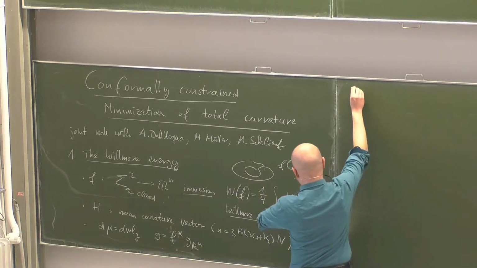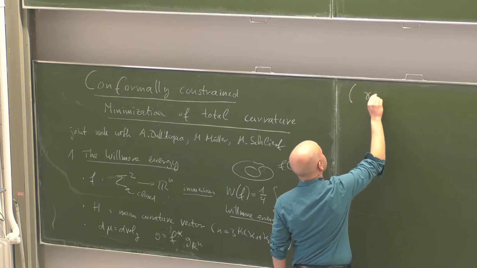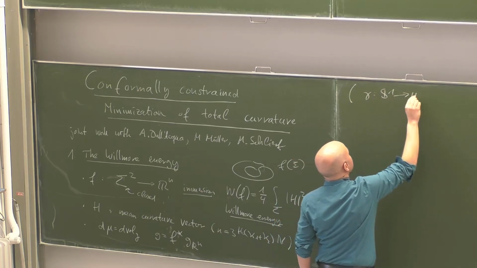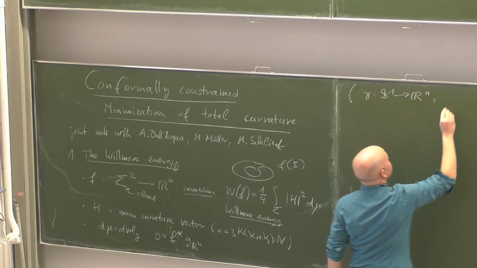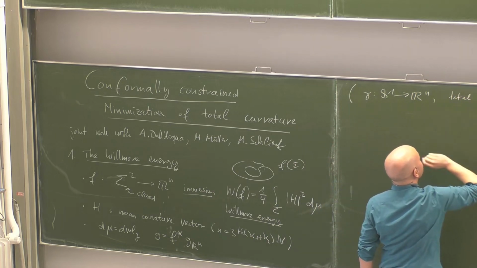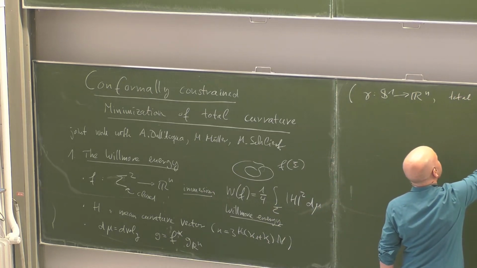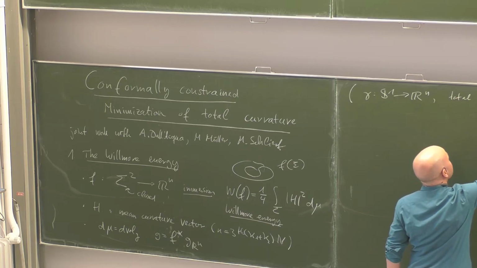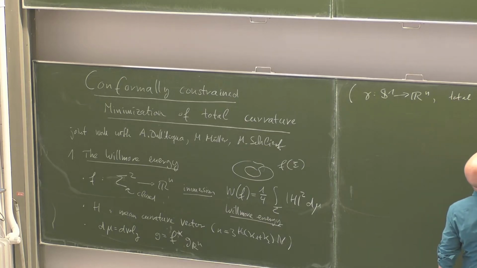Maybe a side note, if we have a curve in, say, R^n, then usually there's no ambiguity to say that the total curvature is integrating over the curvature ds.